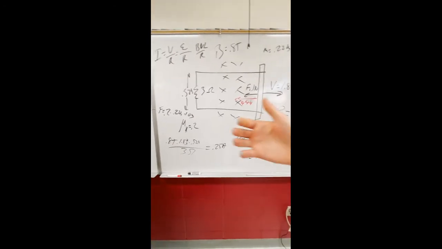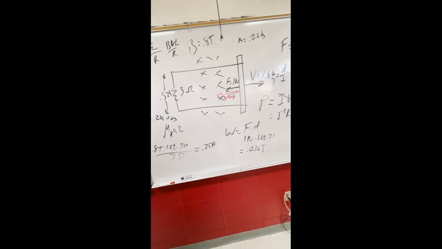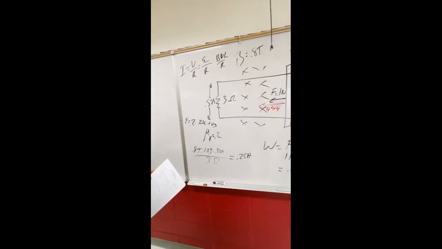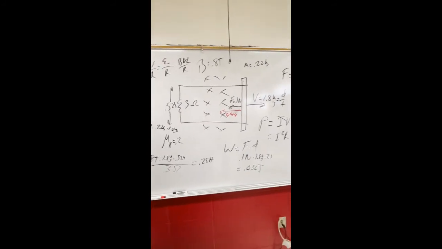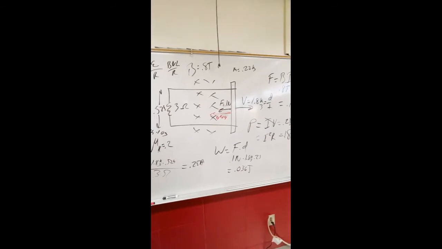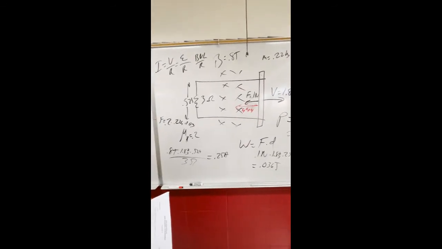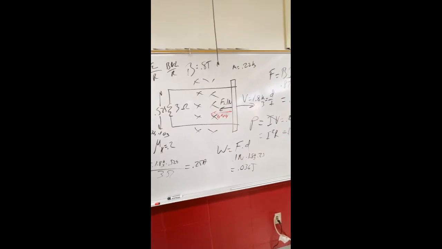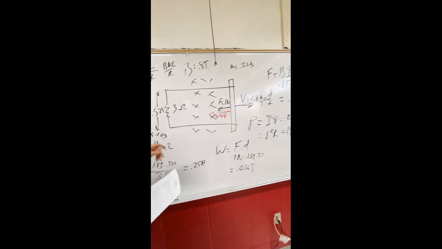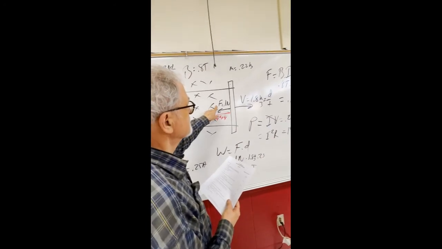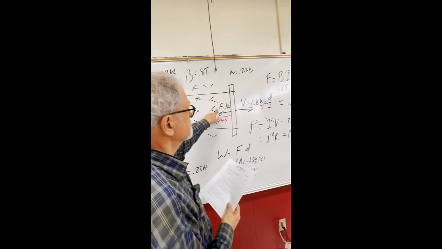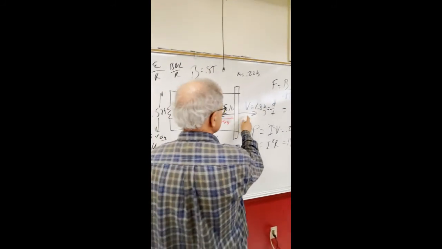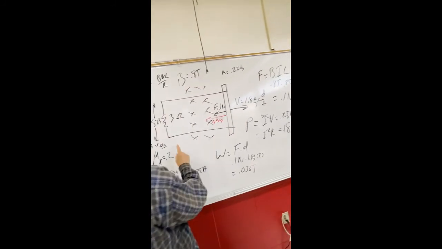Wait a minute. If you pull the rod with 0.1 newtons this way, does that mean the electromotive force is also fighting it with 0.1 newtons? So what they're asking is calculate the magnitude of the force required to pull the rod to the right at a constant speed. So we calculated the force required to develop that current.